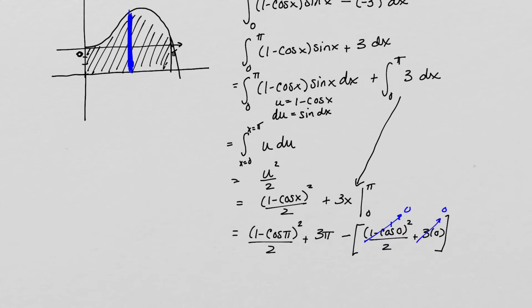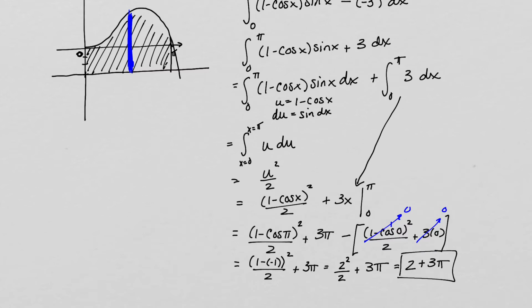So I don't have to worry about that. The cosine of pi is negative 1. So we're going to have 1 minus negative 1, squared, over 2 plus 3 pi. Or 1 minus negative 1 is 2, so 2 squared over 2 plus 3 pi. So 4 over 2, which is just 2 plus 3 pi, is our final answer.